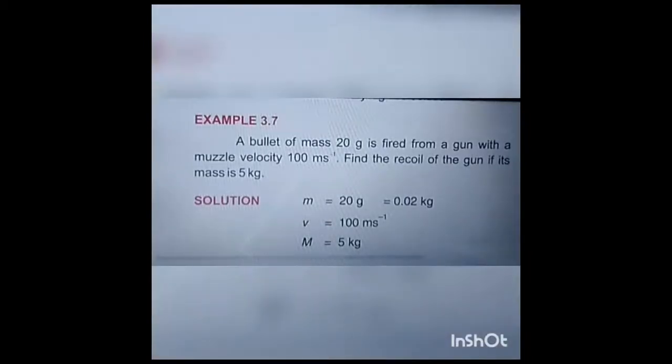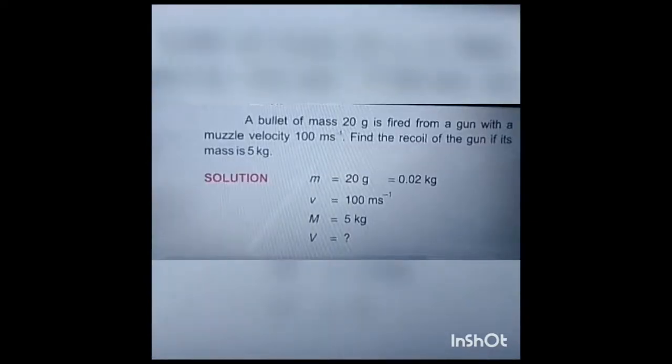So after converting the mass of the bullet from grams to kilograms, the next thing given as data is the velocity, which is 100 meter per second. What we are told to find is V. V is the velocity that we have to find when the gun recoils.